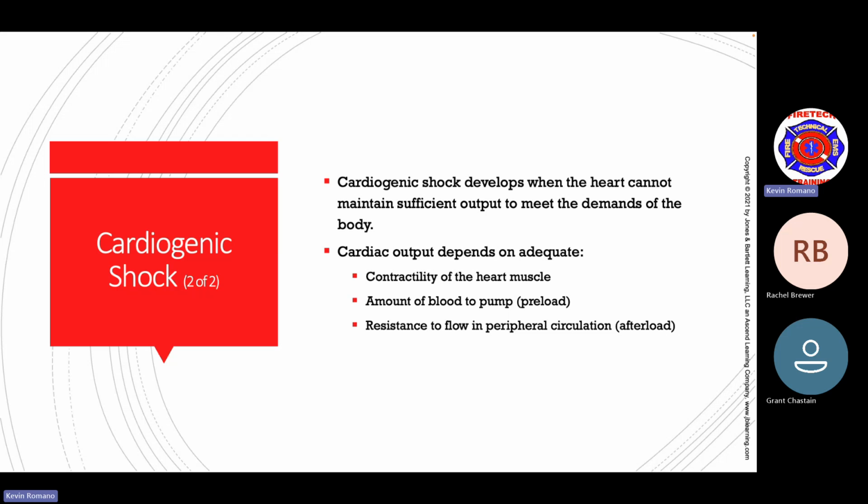That's your myocardial contractility. The heart must receive adequate blood to pump. That's your preload. The resistance to flow in the peripheral circulation must be appropriate. That's your afterload. Your preload goes into that right atrium. So if you have no fluid there to pump, it can't pump anything out.